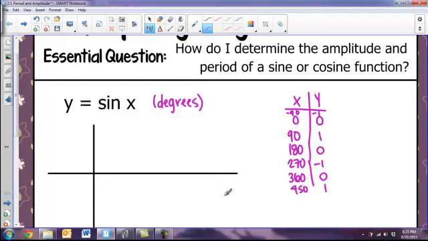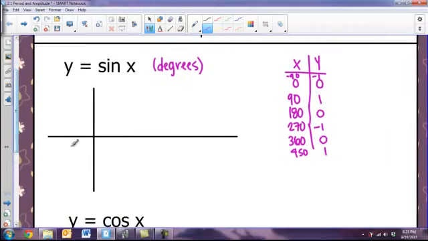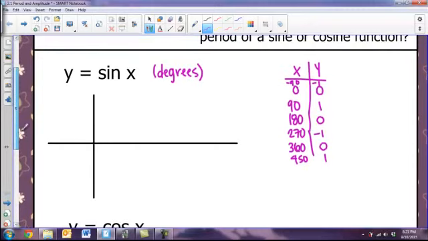Okay, so let's take those points and plot them. The first thing I'm going to do is mark my x-axis with those x values that I just found. So I have negative 90, 0, 90, 180, 270, 360, and 450.